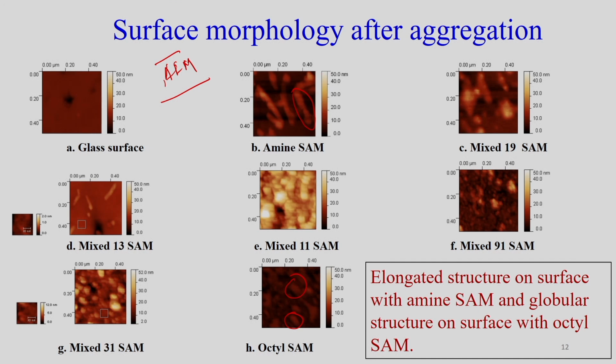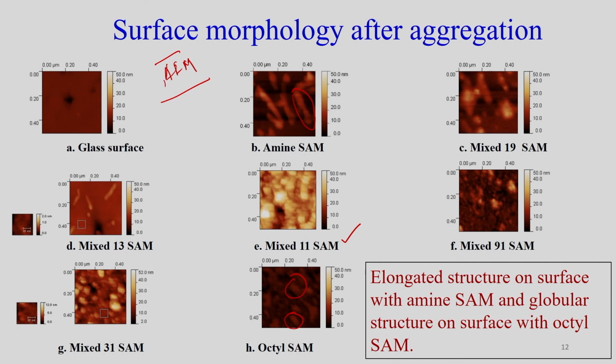So, this elongation is decreasing and ultimately it reaches globular aggregates, and the maximum agglomerated structure is observed in case of the mixed 1,1 SAM. So, what it says is that different surface chemistry is affecting even the morphology of the aggregates.